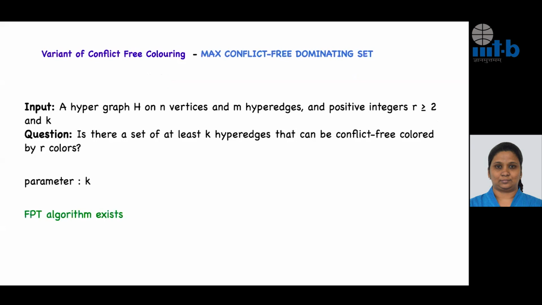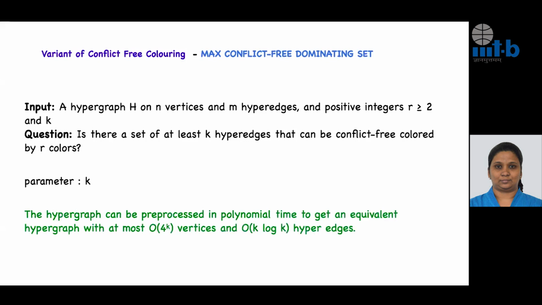And we are able to prove that this problem is in FPT. There exists an FPT algorithm to solve this problem. In the algorithm, the first step is that for a hypergraph, we can pre-process the hypergraph in polynomial time to get an equivalent hypergraph whose size depends only on k.